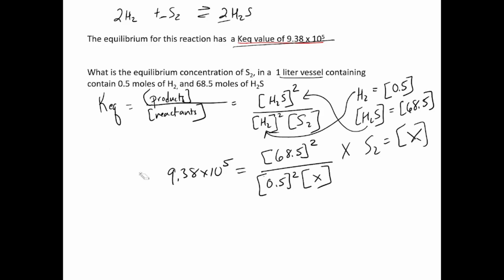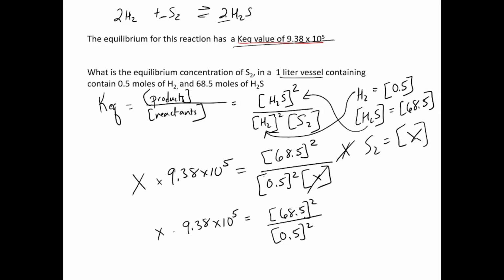But whatever I do to one side of the equation, I have to do to the other side of the equation. So I'm going to multiply both sides of my equation by X. That's going to cancel these X's out, and I'm going to be left with 9.38 times 10 to the 5th equals 68.5 squared divided by 0.5 squared. I can't forget my X.